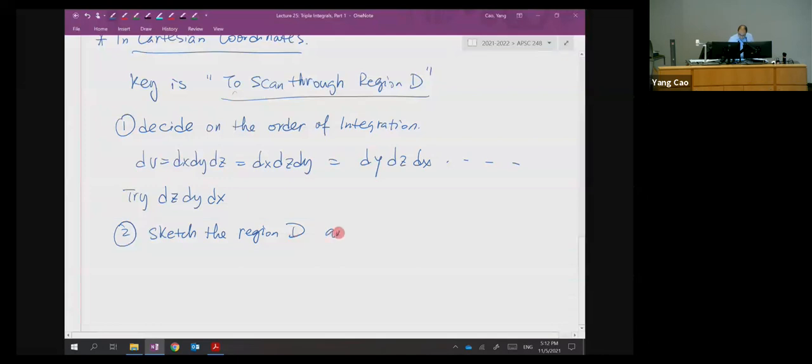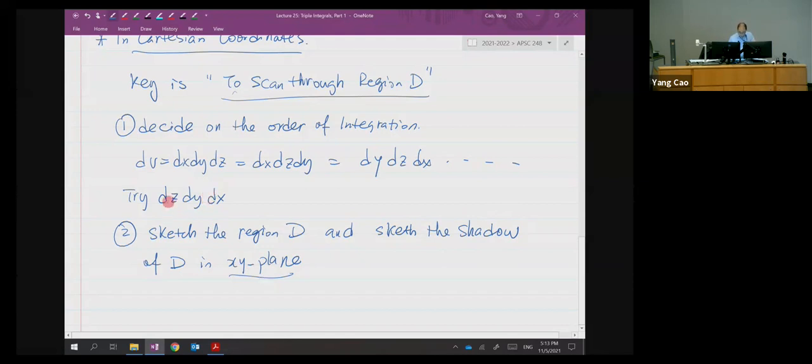Now, not only do you sketch this region D out, you also want to sketch the shadow of D in the XY plane. You might wonder why. This is determined by the first step.